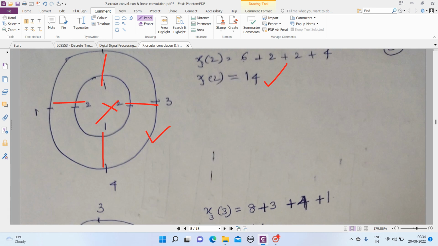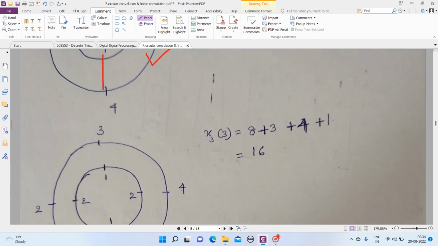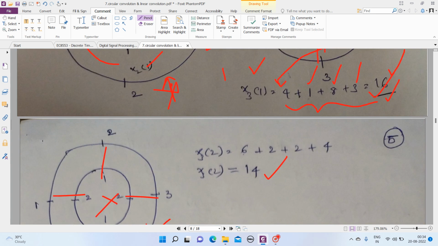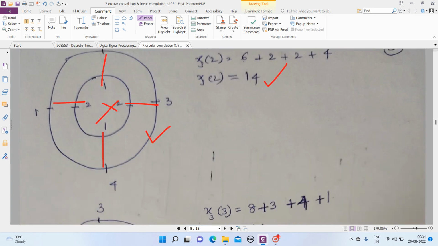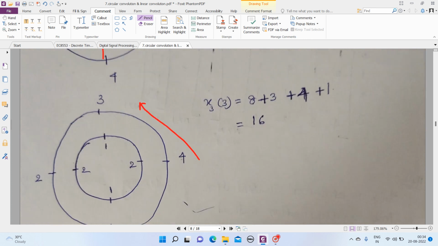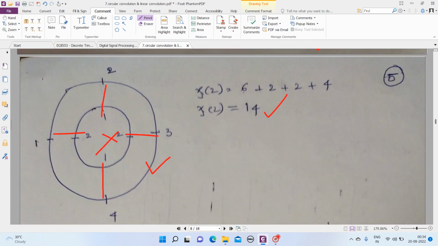Similarly 0, 1, 2, 3. So I have to calculate x3 of 3. Again I have to rotate anti-clockwise. This 3 comes here, 2 comes here, this 1 comes here, this 4 comes here.